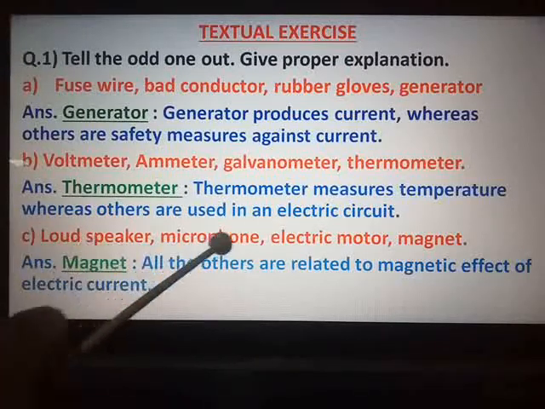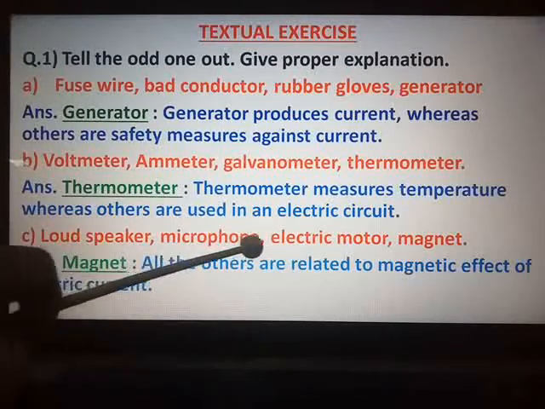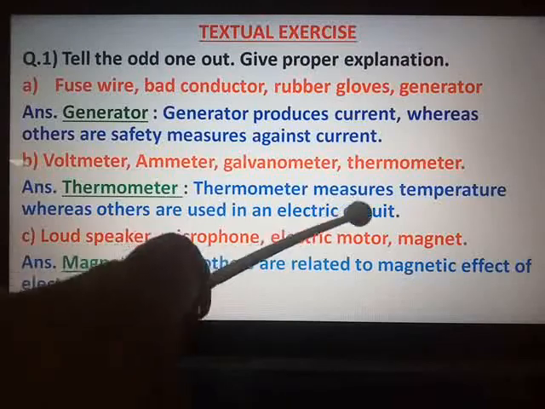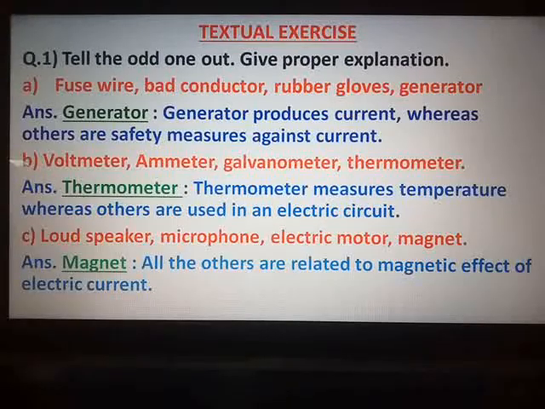These three devices convert the energy from one form to the other, whereas magnet does not. Logically, whatever option you are removing as the odd one, proper explanation should be given. With this, we complete the discussion of question number 1.